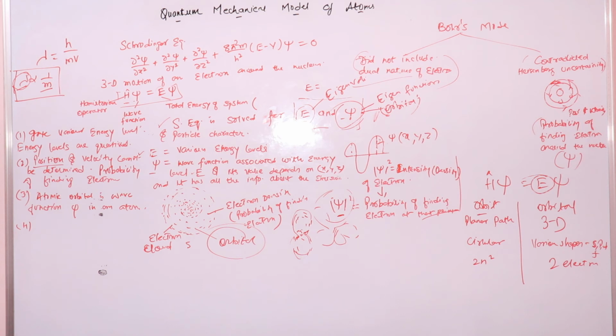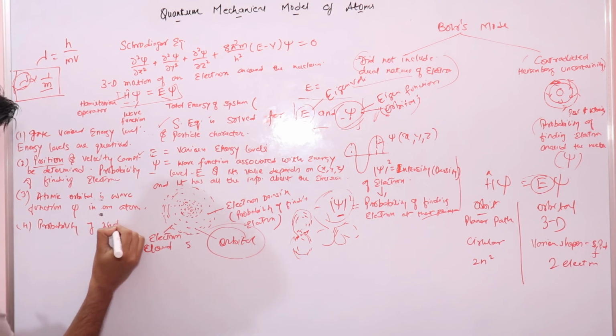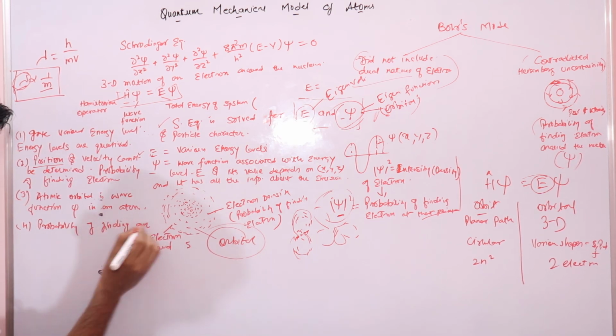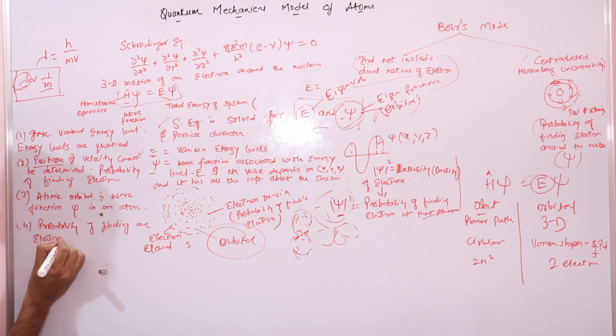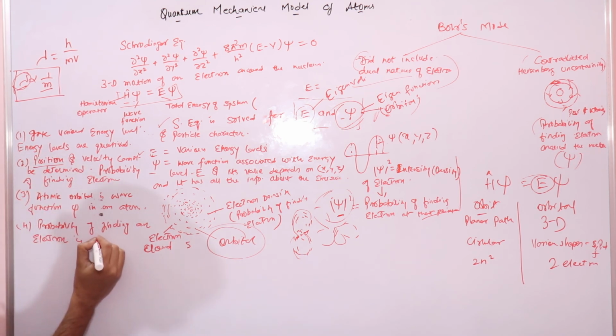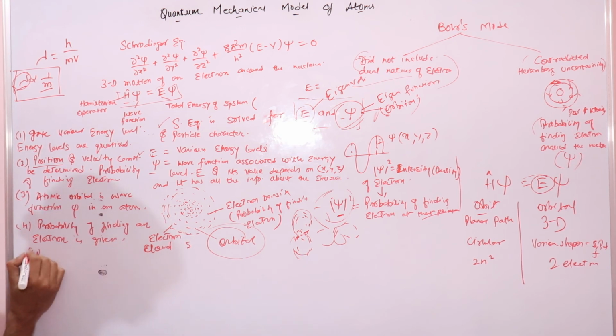In a multi-electron atom, electrons are filled in various orbitals in increasing energy levels. The probability of finding an electron at any point within an atom is proportional to the square of the orbital wave function. This we have already discussed: the probability of finding an electron is given by the square of the wave function.